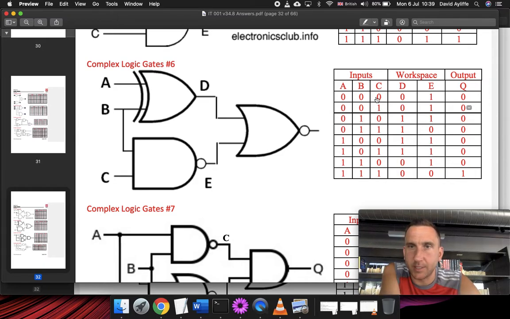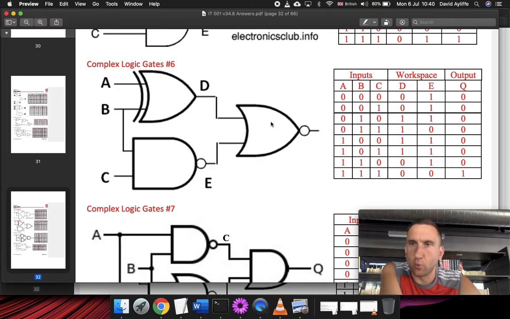So B NAND C gives us 1. 0 NAND 1 gives us 1. 1 NAND 0 gives us 1. 1 NAND 1 gives us 0. That's the exception. 0 NAND 0 gives us 1. 0 NAND 1 gives us 1. 1 NAND 0 gives us 1. 1 NAND 1 gives us 0.